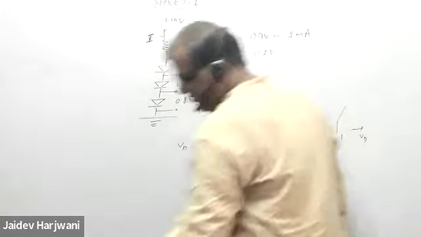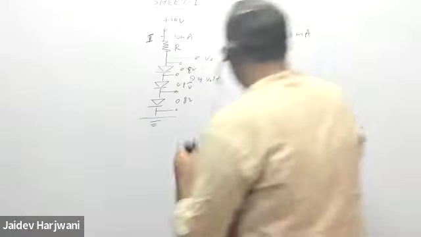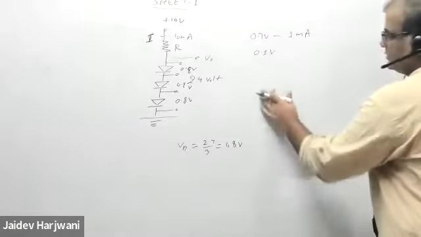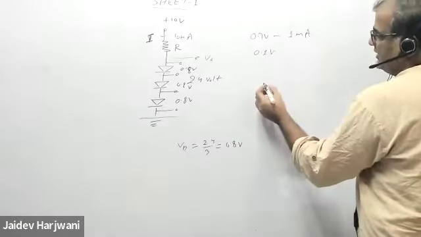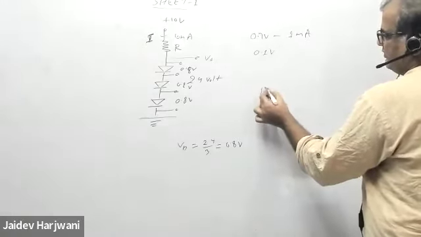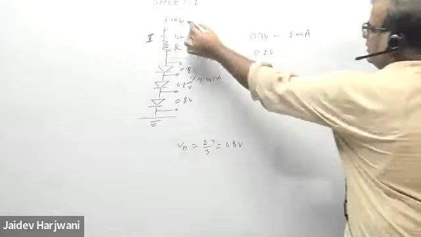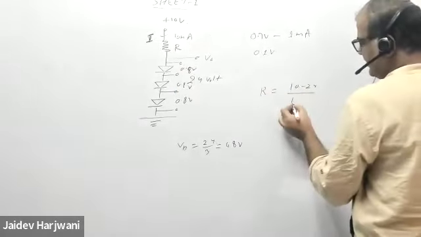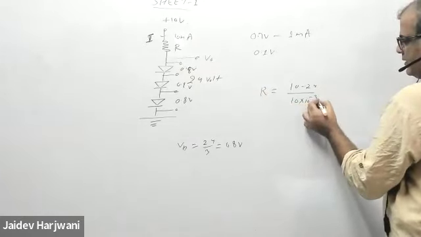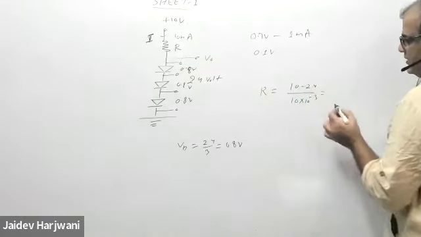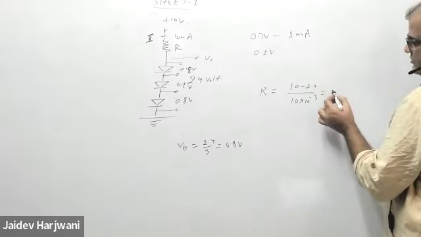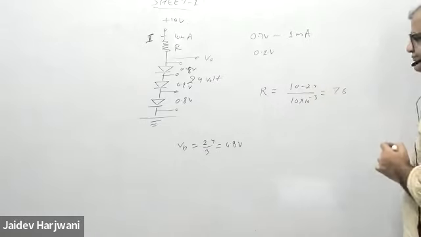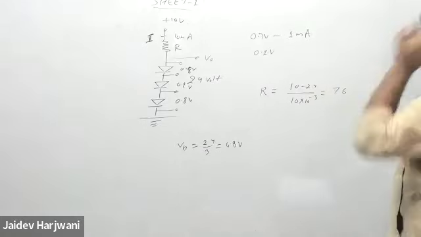And now I have to find the value of R. So R will be what? R will be 10 minus this 2.4 volt, divided by the current flowing, 10 milliamps. 10 minus 2.4, how much will be there? 7.6.